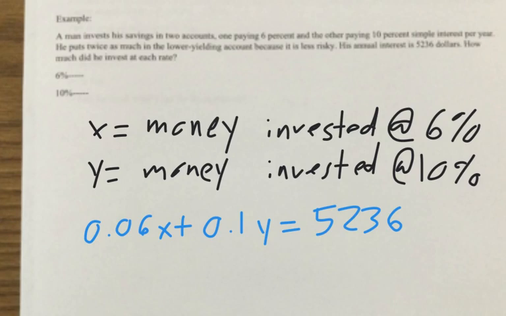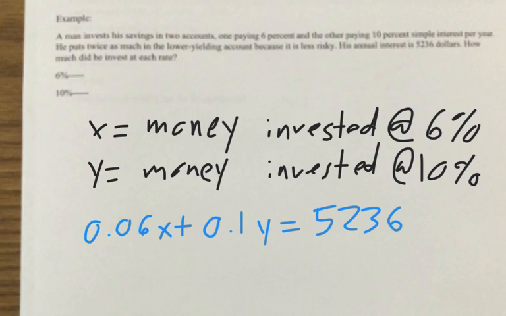How much money I'm investing at 6%. So think of that as just like whenever you leave a tip or whenever they charge tax on something. So if I invested $100 and I'm making 6% on that, how much is my interest going to be? $100 times 0.06 means I'm earning $6 on that 100.